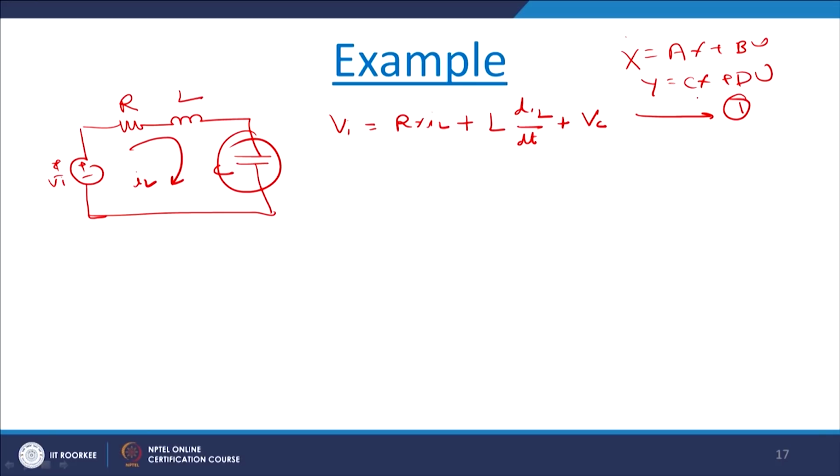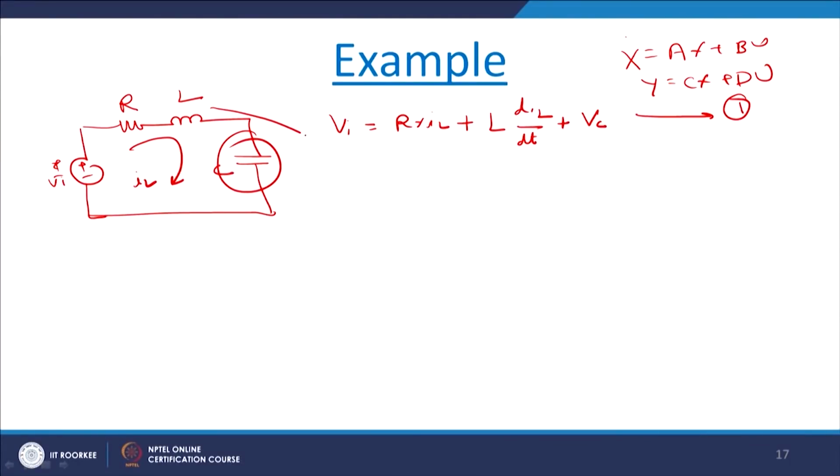Now our purpose is to develop the state space model. As I told you, see how many energy storage elements there are. L and C are energy storage elements. Why? Because for this inductor we can write VL equals L dIL by dt.